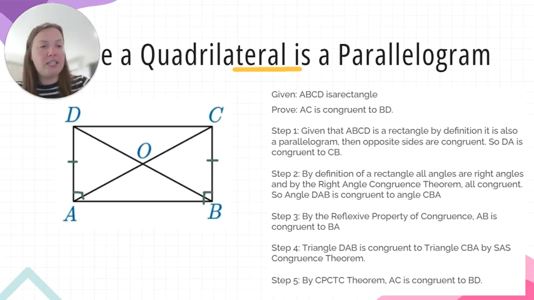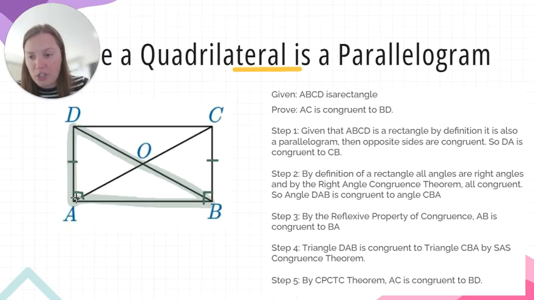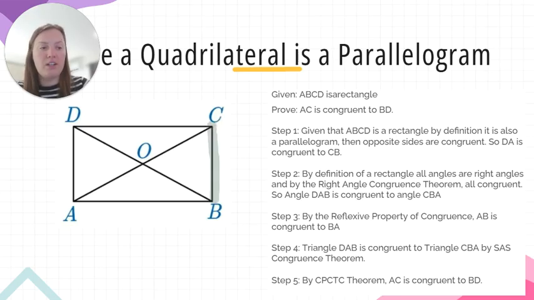Right now, you can see we've got this triangle DAB, and we have a right angle and a side that is congruent to our other triangle, CBA. And we also have a congruent side and a right angle.